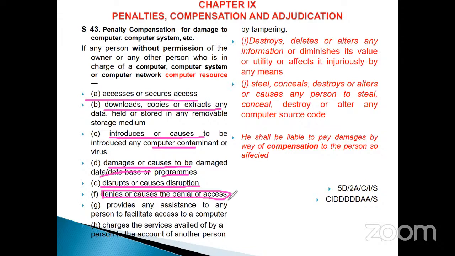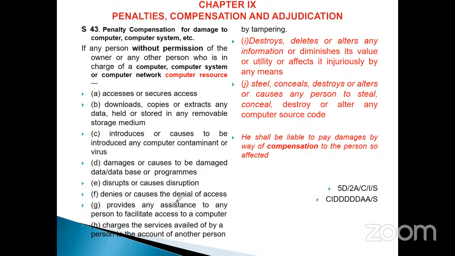Now, if you provide any assistance to any other person to facilitate access to a computer, I normally give an example like this. You are employed in an organization and your girlfriend is asking for the username and password, and you give it. She comes into the system and steals the data.